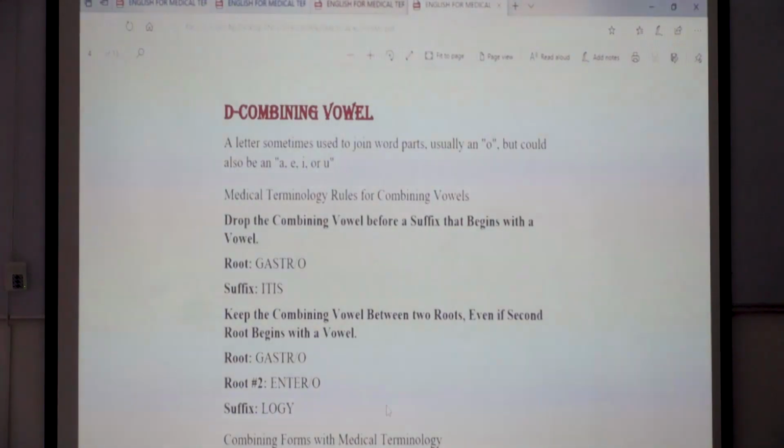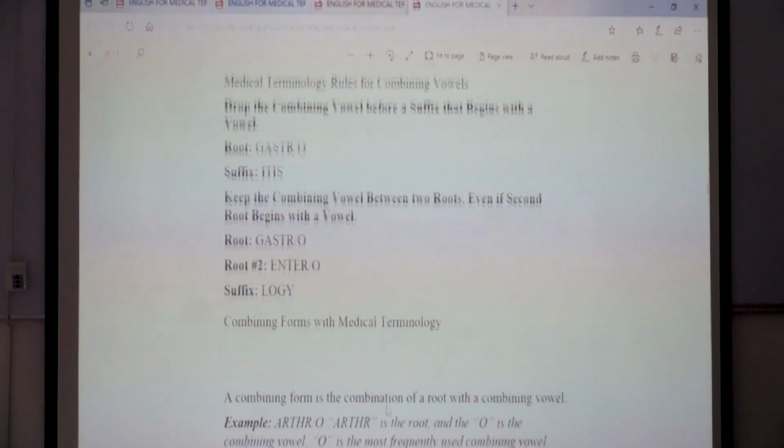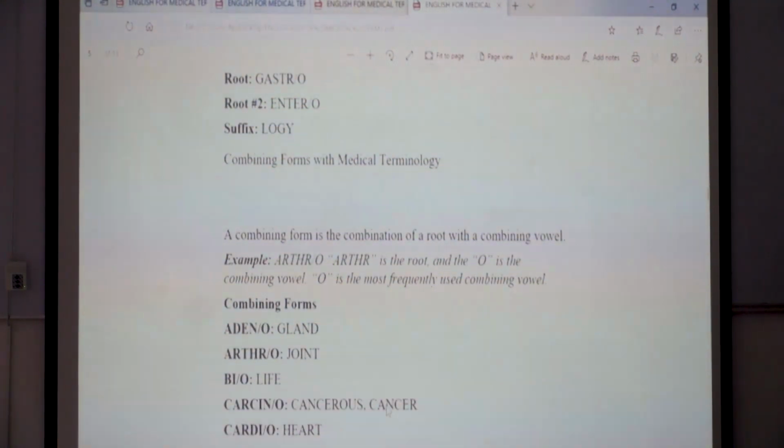For example, for that, you see, gastro, osteo, you see, gastro, entero, arthro, cardio. While combining form, this is the root, and O, it is called combining form.